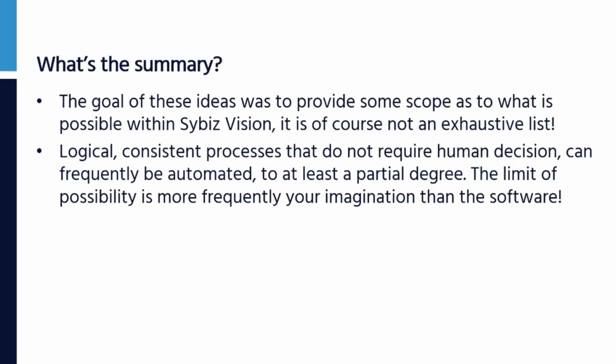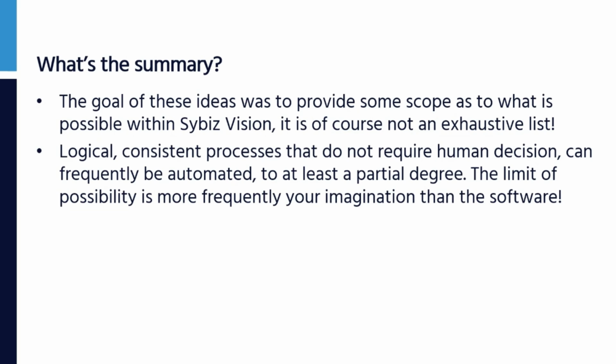So what is the summary? I wanted to provide just a bit of scope of what's possible. I don't think I've touched even the tip of the iceberg. But I'd like to think that I've provided at least a few ideas of the sort of thing that is doable.